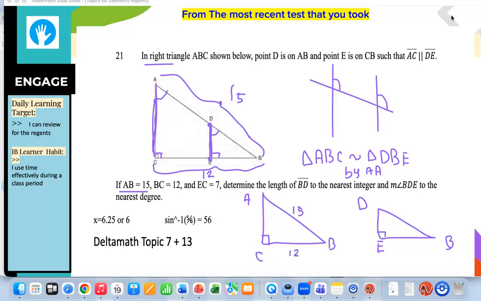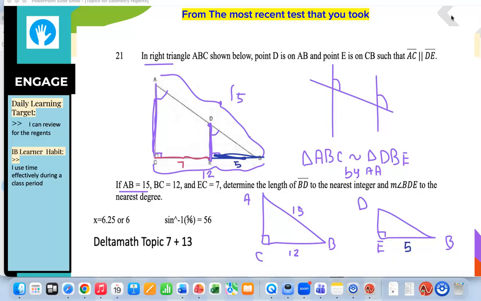And now we also know that EC, that's the tricky part. EC, which is this line, is 7. So if this entire line is 12 and this part is 7, you should be able to make the connection that this part would be 5. And that's the tricky part.